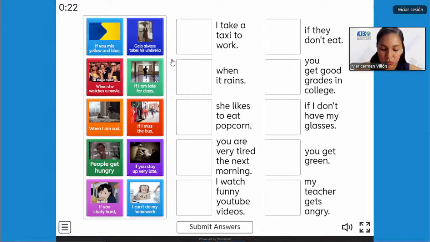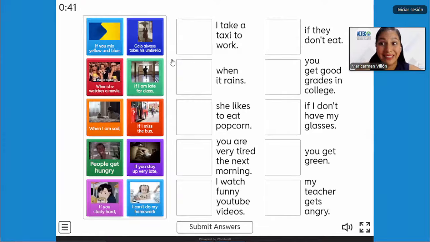Vuelvo y repito, cuando hablamos con el cero condicional es para indicar algo que siempre es verdad, que es una regla, que está comprobado científicamente. Ok, entonces vamos a ir viéndolo.